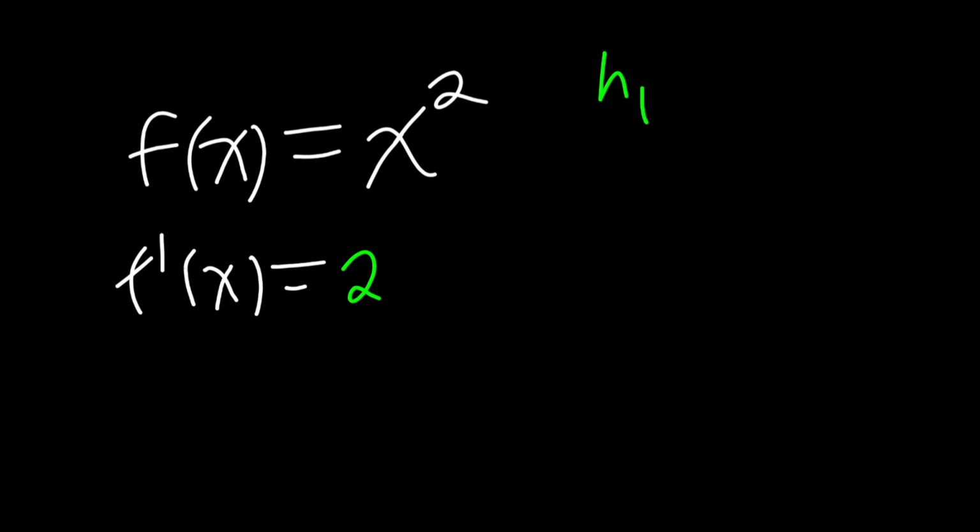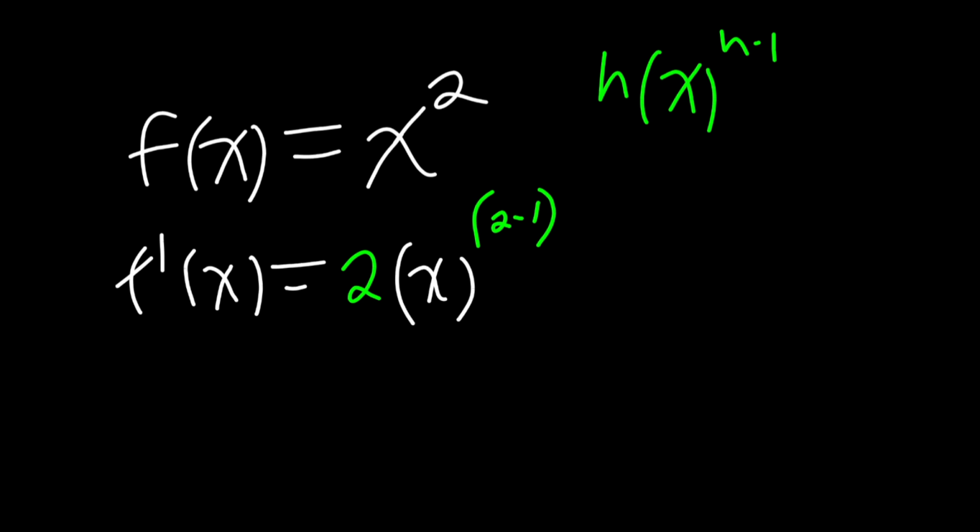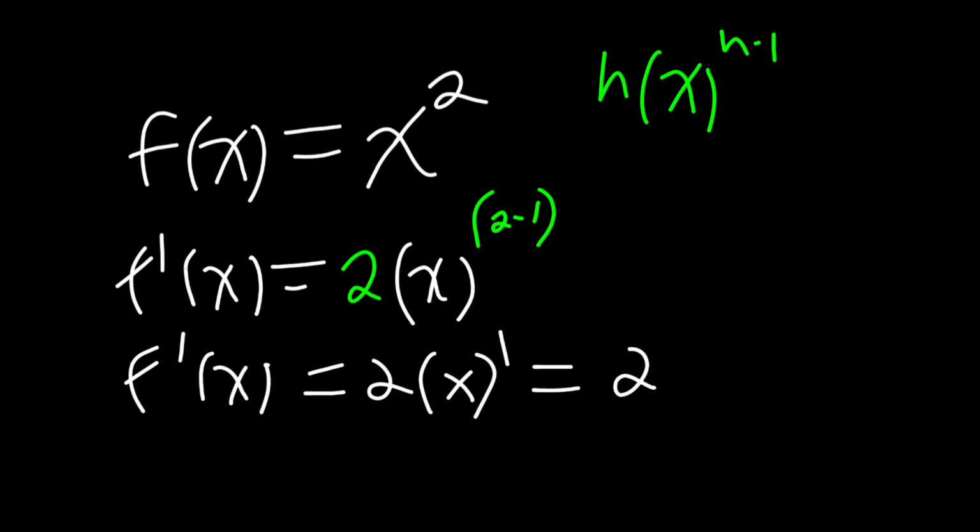It's going to be n times x to the n minus 1. So we're going to bring our 2 out in front, x is going to stay there, and then we're going to have 2 minus 1 on the top, which becomes 2x to the 1, which is 2x, and that is our derivative of x squared.